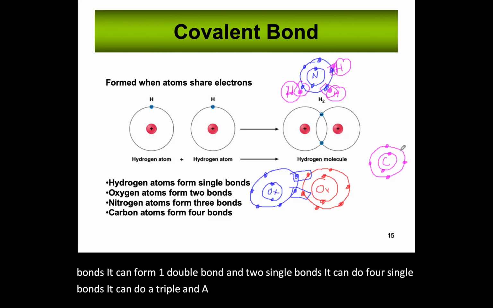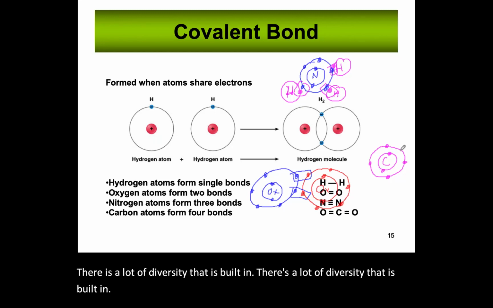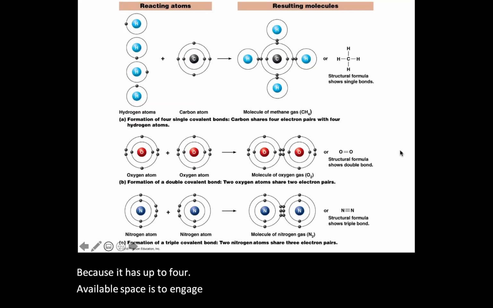It can do 2 double bonds. There is a lot of diversity that is built in carbon because it has up to 4 available spaces to engage in creating covalent bonds.